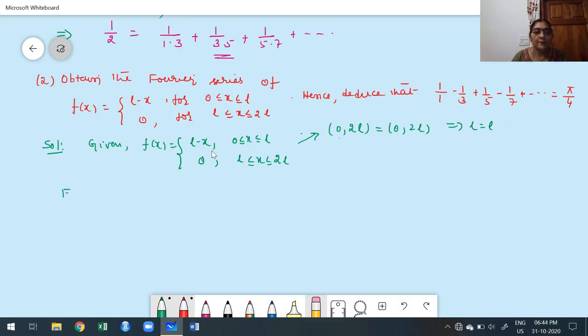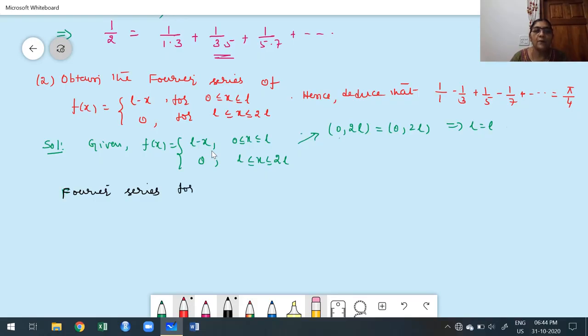Fourier series. Keep in mind, whenever our interval starts from 0, it refers to which case? First case.